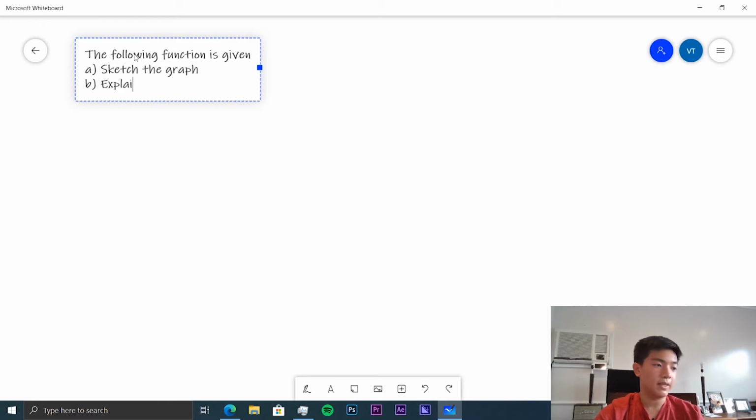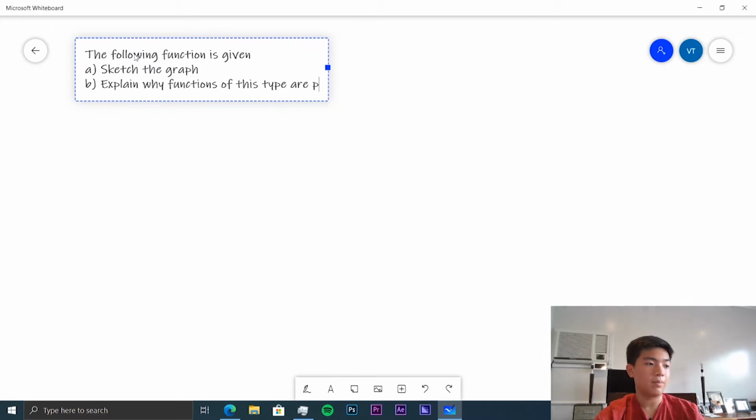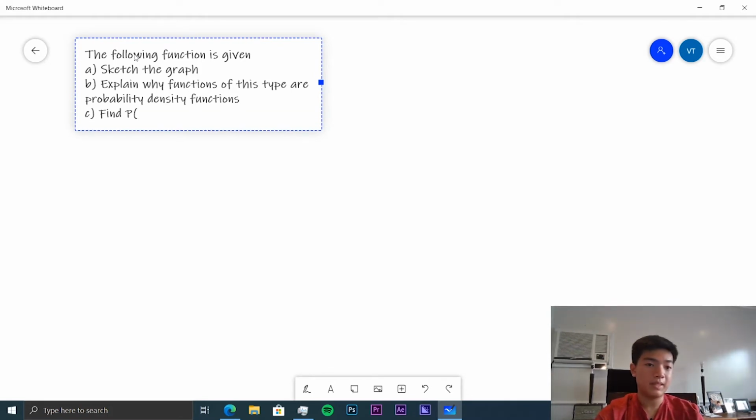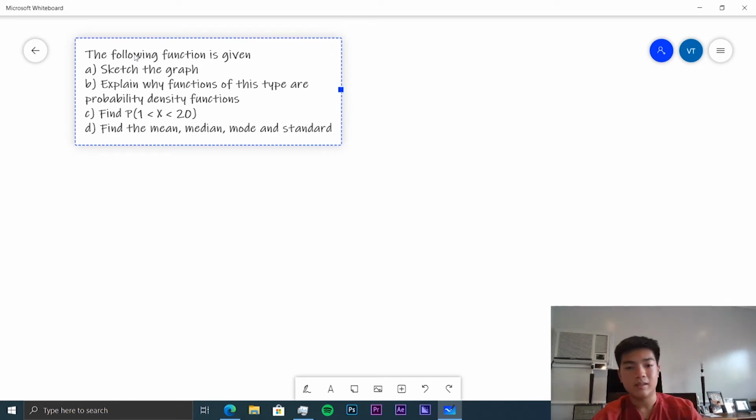Next, explain why functions of this type are probability density functions. Next, find the probability that 1 is less than x is less than 20. And finally, find the mean, median, mode, and standard deviation.